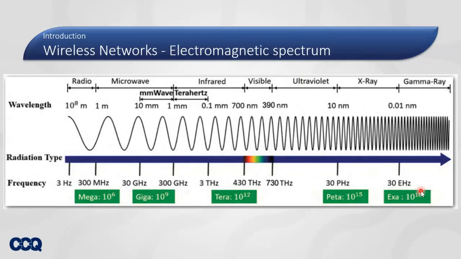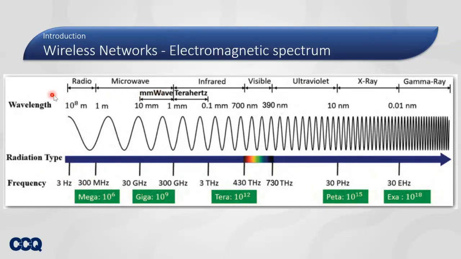When the frequency is 30 Hz, the wavelength is 0.01 nanometer, 10 power minus 9 meter. So the frequency is higher here. You can see the number of oscillations, the number of cycles per second, are higher, but the wavelength is much smaller. So the frequency works opposite to the wavelength. As the frequency increases, wavelength decreases. As wavelength increases, frequency decreases.